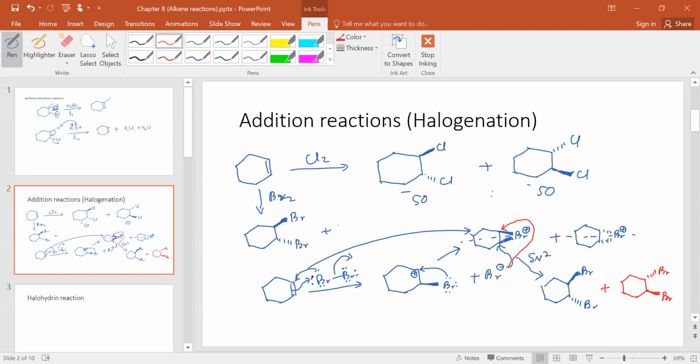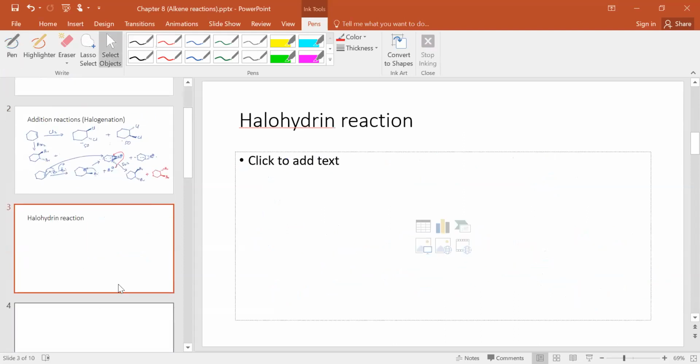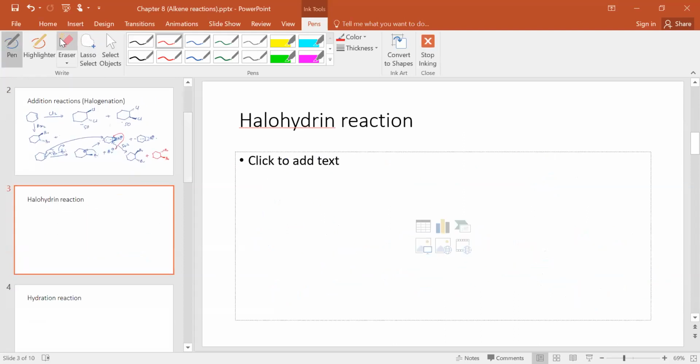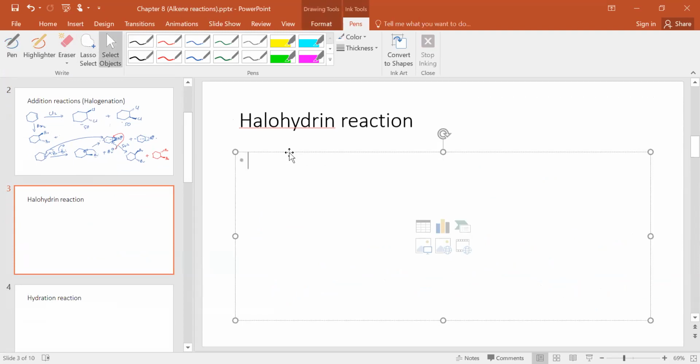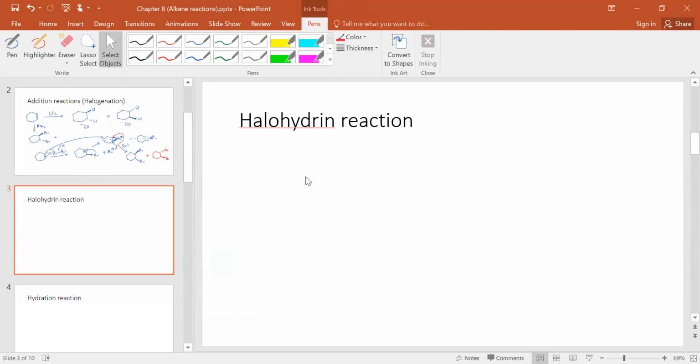Now if chlorine or bromine is added with water, then the reaction is slightly different, and the product is the halohydrin. This reaction is called halohydrin formation. Halo means halogen, mostly chlorine or bromine, and hydrin means water.